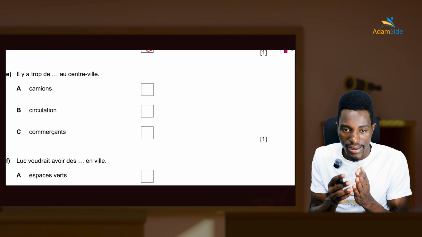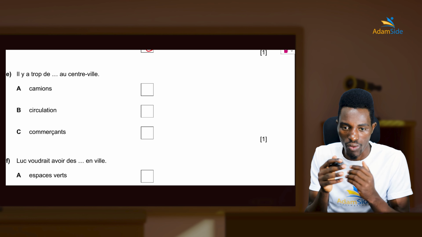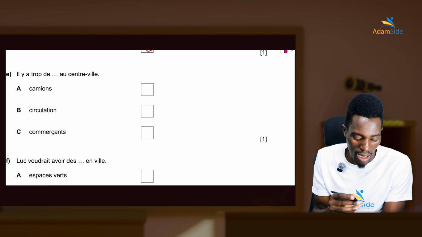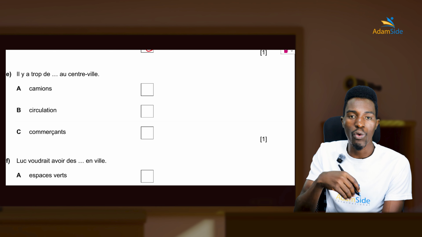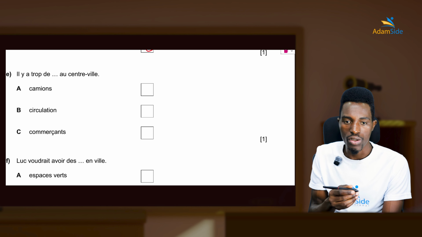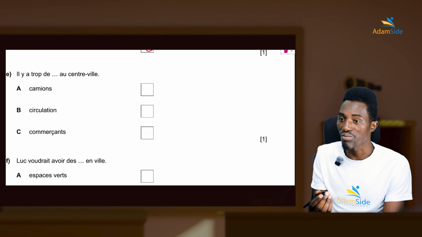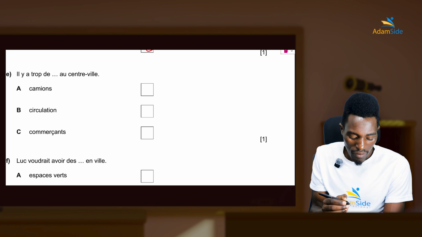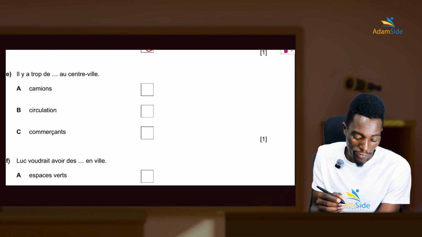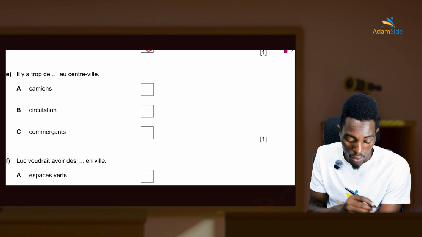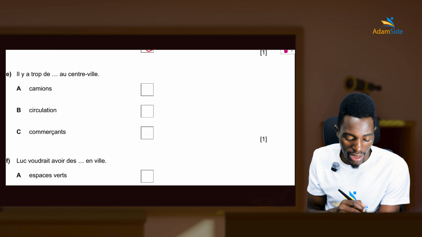Camion, these are transit cars, those cars used for transporting goods from one place to another. Circulation is a traffic jam. Commerçant, the business. So we have to find what is in the center of town.